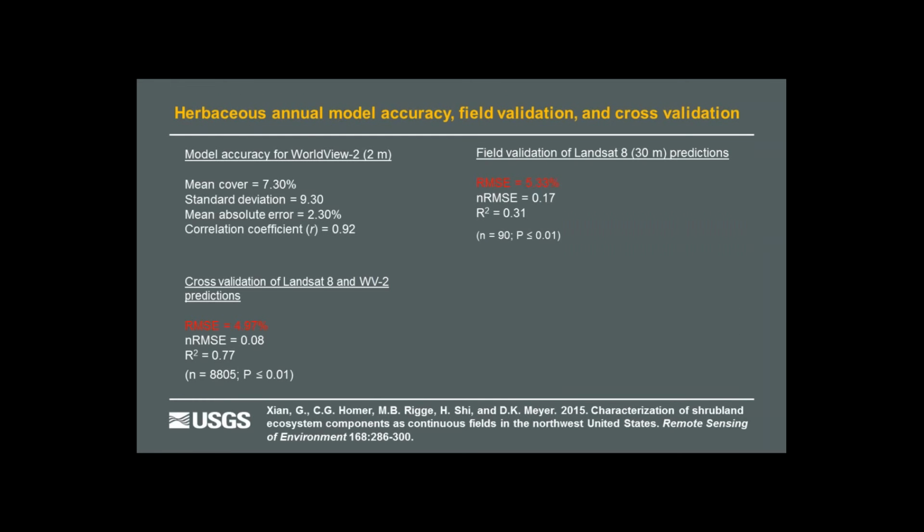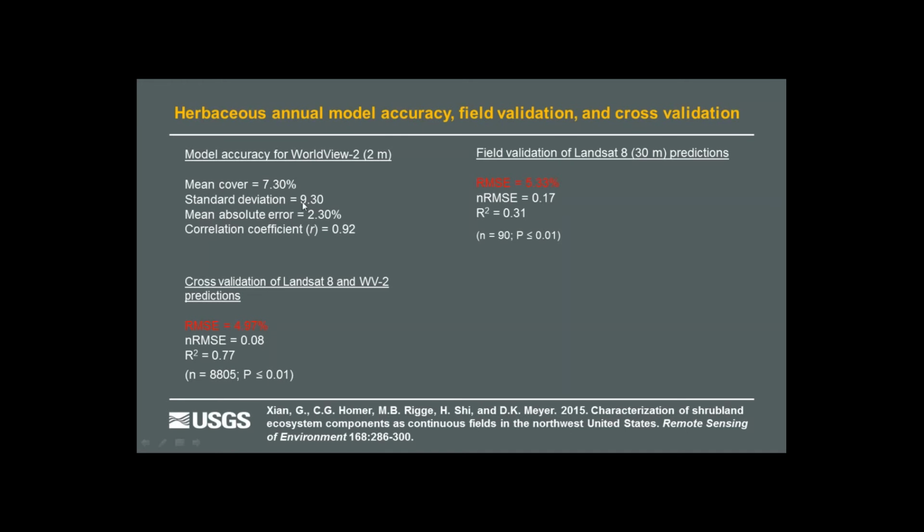I want to talk just briefly about their model accuracy. And this again was data that I pulled from that same article in Remote Sensing of Environment from 2015. Their model accuracy with WorldView 2 at the 2-meter scale is very high and pretty typical.